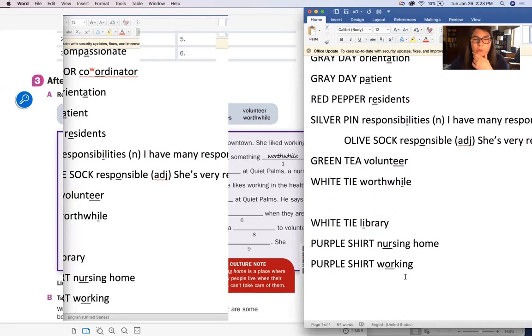And then there's three more words that I hear students say incorrectly a lot. White tie library, library. And these are both words, purple shirt, nursing home, and purple shirt, working.